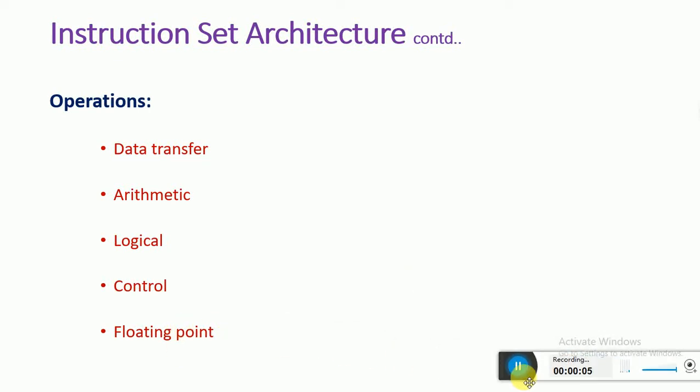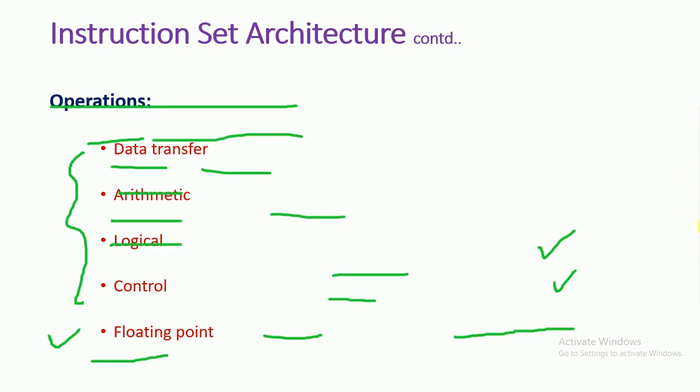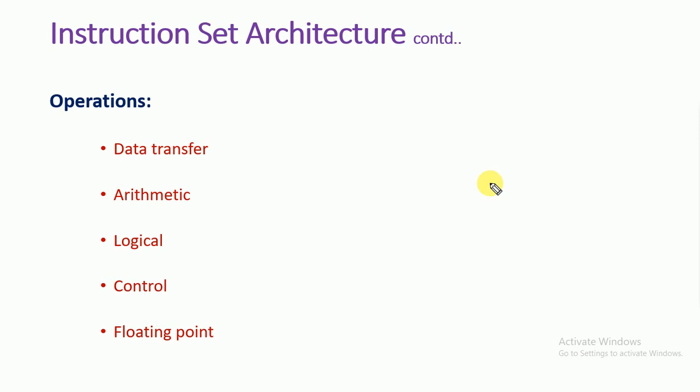Hello students, today we will discuss more features of an instruction set architecture. Last session we were discussing the various features like memory addressing, the addressing modes, the various types and sizes of operands, etc. In this session we will first see the different operations that can be used with an instruction set architecture.